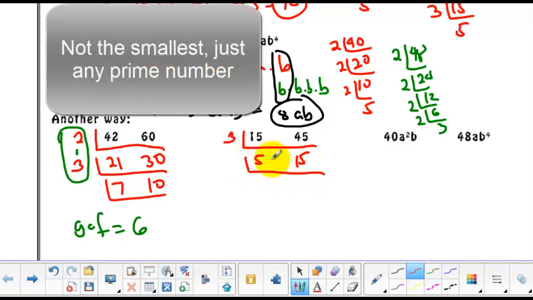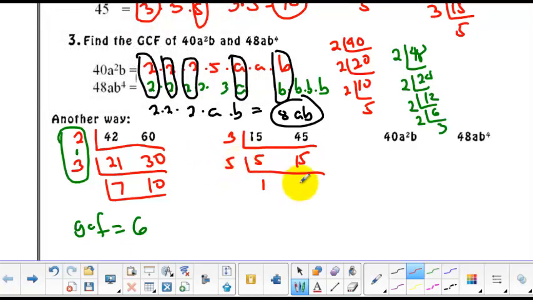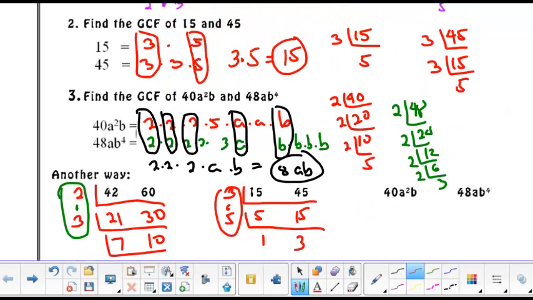The smallest prime number that can divide 5 and 15 will be 5. 5 divided by 5 is 1. 15 divided by 5 is 3. We will not be able to find a prime number that can divide both 1 and 3. So the GCF is the product of 3 and 5, which is 15. The same answer that we got earlier.